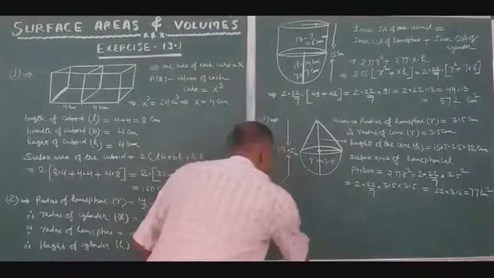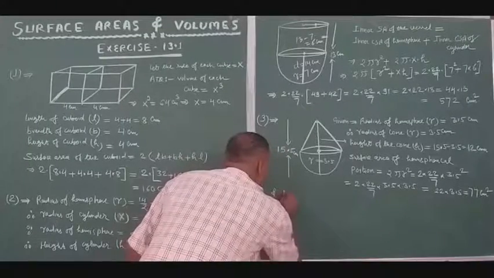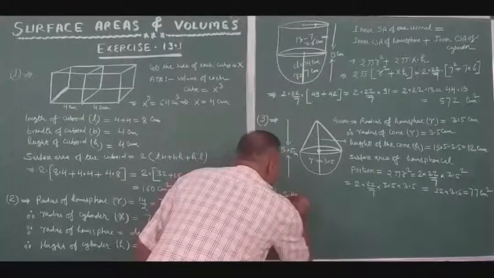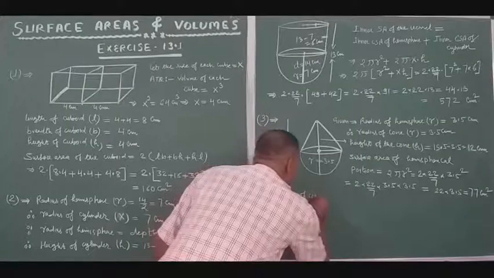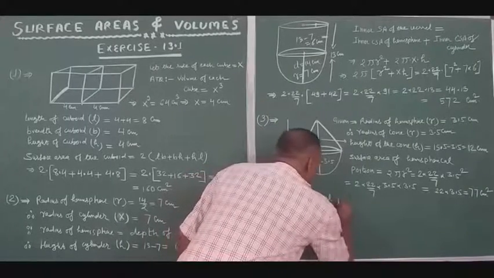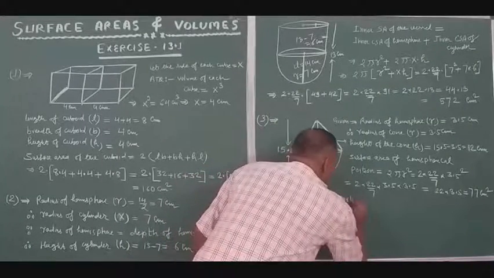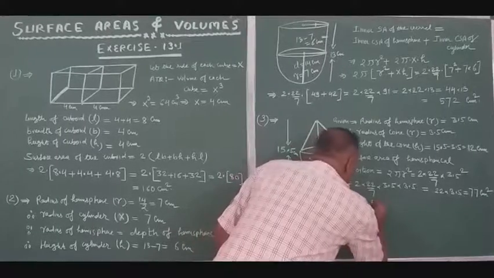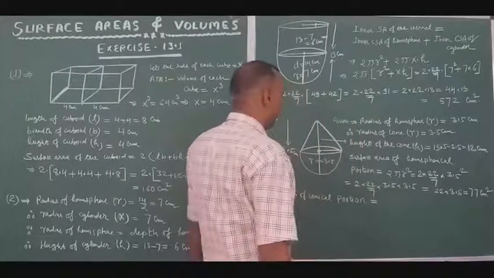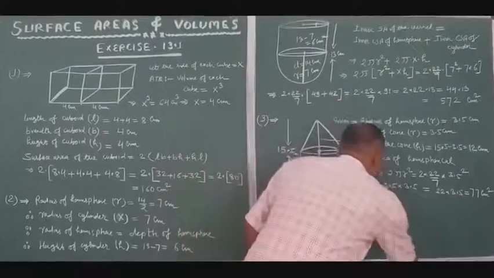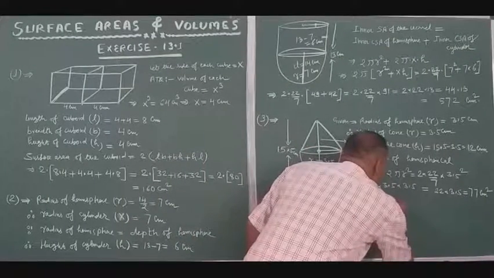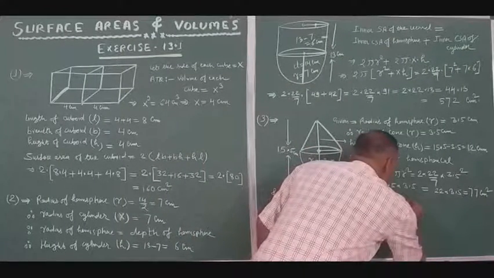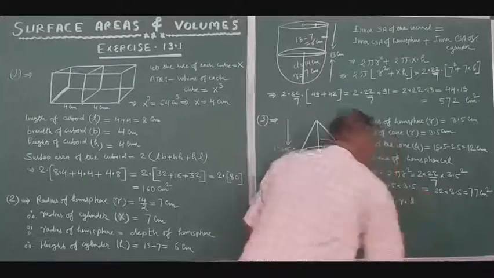And now the surface area of the conical portion. The cone's surface area is given by π × r × slant height l.